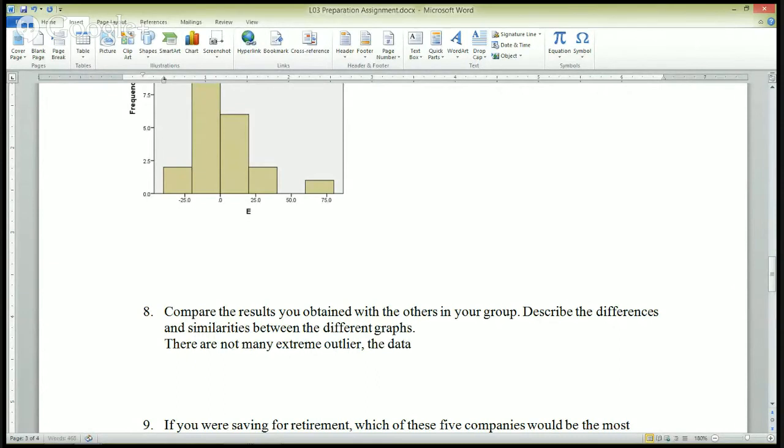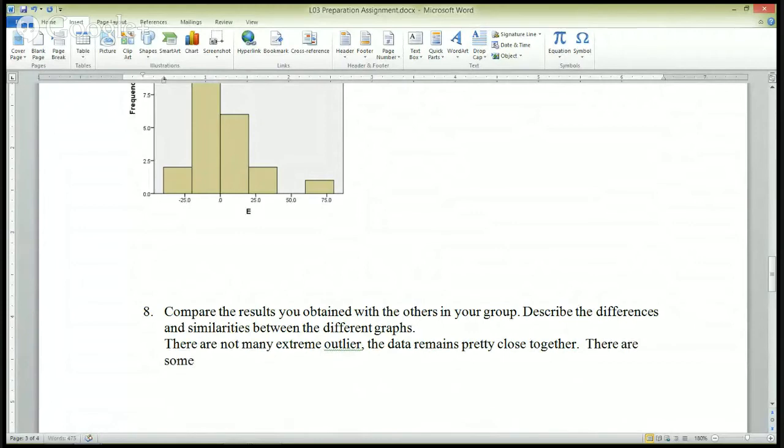Okay, so we were typing at the same time. You had two, so I just put them together.